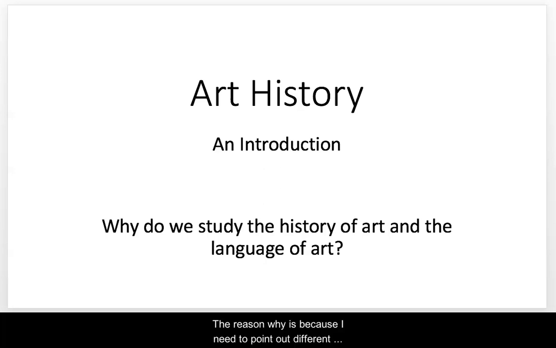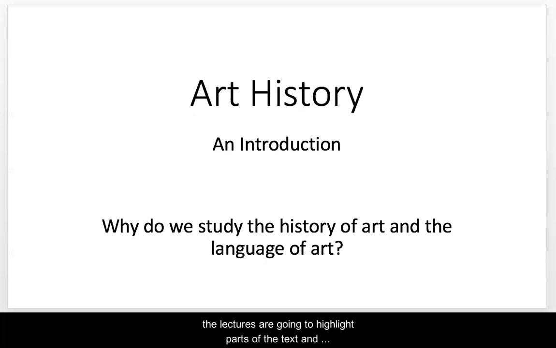The reason why is because I need to point out different things than the text is talking about. If we just did that, you might as well only watch the lectures or read the text. But to get a comprehensive idea of this topic and this time frame, we really need to be able to do both. And so you need to read the text and take notes and pay attention to the things that they're talking about.